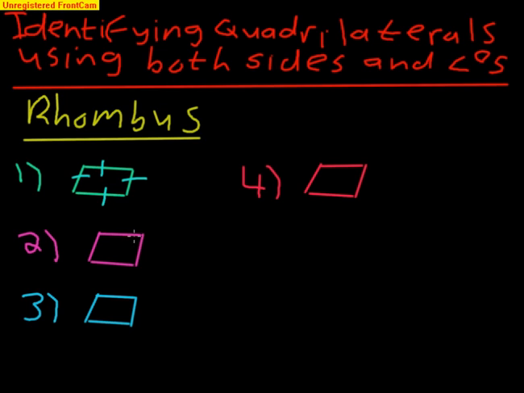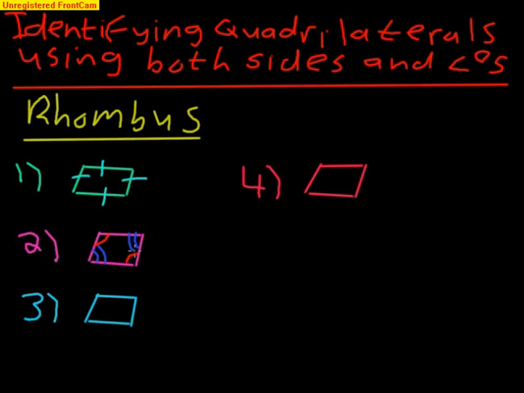Next, we can classify a quadrilateral as a rhombus if both pairs of opposite angles are equal. So we have one pair of opposite angles, but we need both pairs of opposite angles.